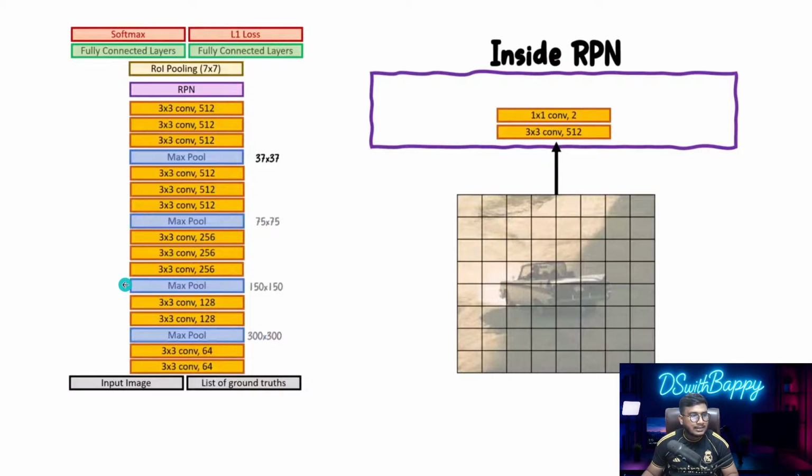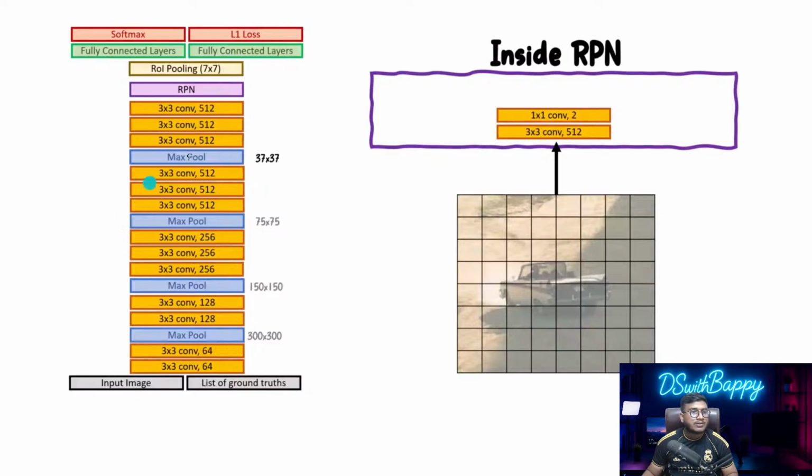Then again there is another max pooling, so it will become half again, that means 150. Then again max pooling, it will become 75. Then another max pooling, again half, like 37. That's how, guys, your image dimension is getting decreased here, and your architecture is trying to capture the features.